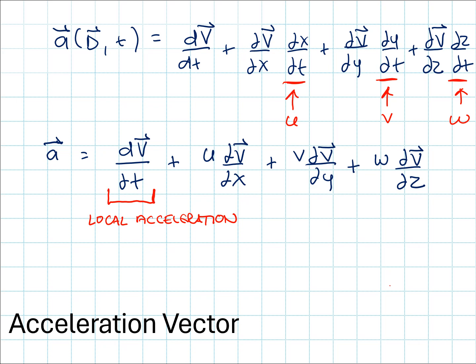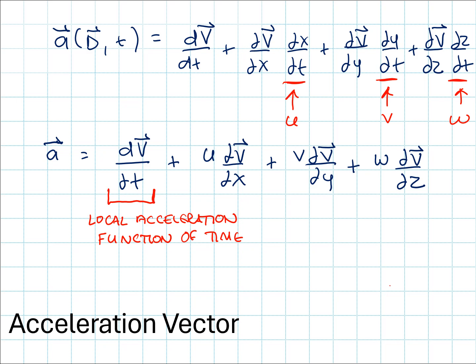So you can see that the local acceleration is a function of time. And if we were applying acceleration analyses to solids, this is all we would need, because every molecule of the solid is moving at the same trajectory at the same rate.